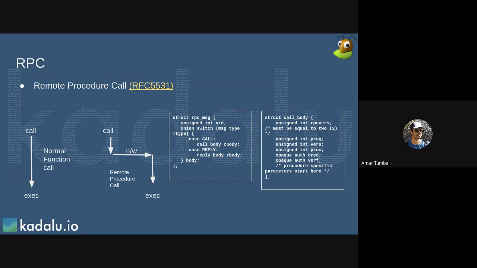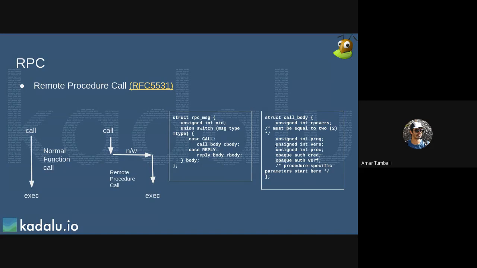At the top is the RPC message, how an RPC message looks. Each message starts with its own transaction ID. XID means transaction ID. Then it checks whether the type is a call or a reply. If it is a call, there is a call body, which again is a union, again a structure.